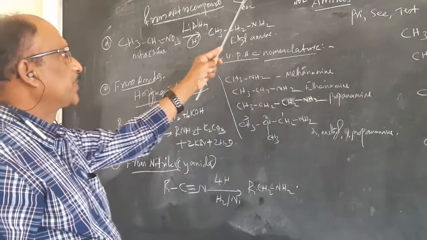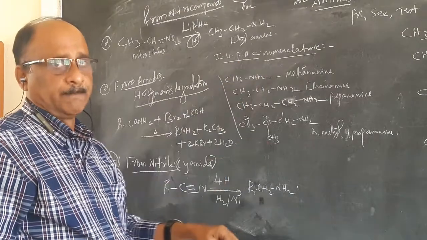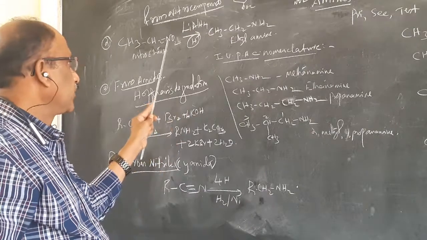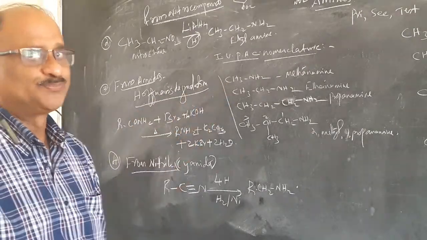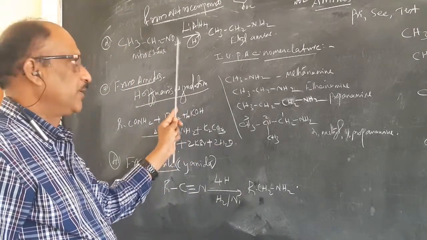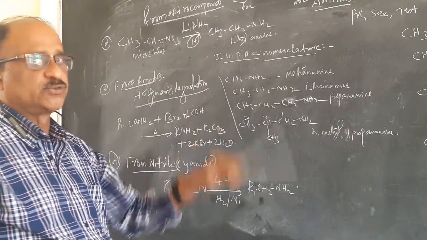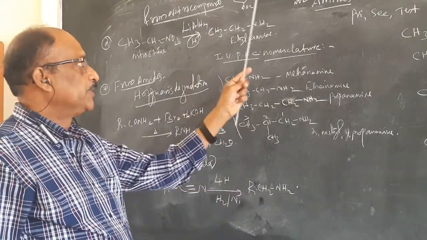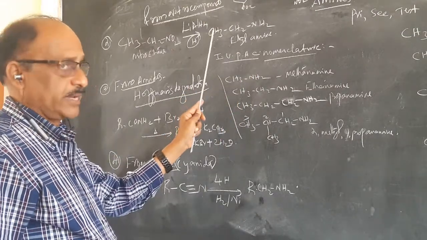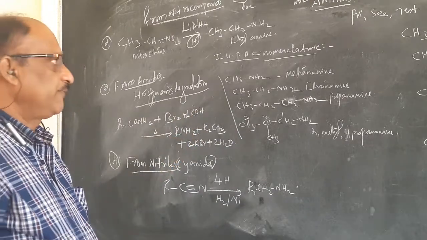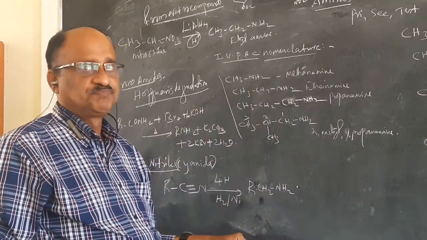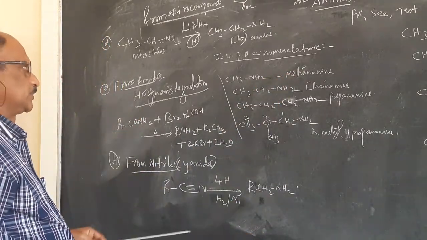So this NO2 group can be reduced with the help of hydrogen and platinum, hydrogen and nickel, or lithium aluminum hydride. Any NO2 functional group can be reduced to NH2 functional group. So this is one of the main reactions in the preparation of amino compounds. Primary amine can be prepared and even aromatic amines can be prepared. Reducing agent is important.